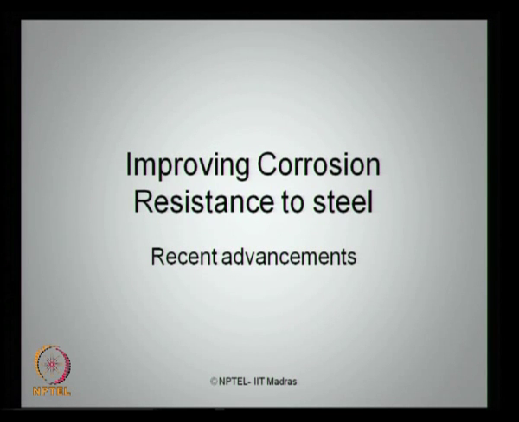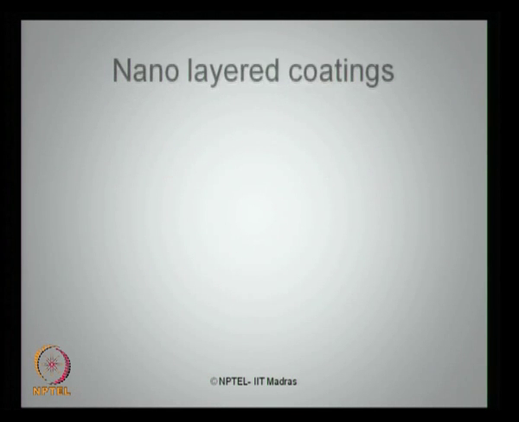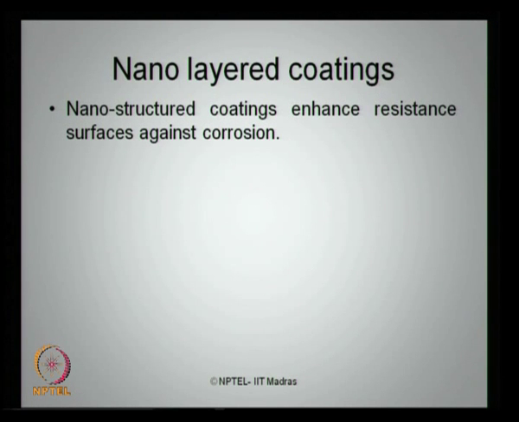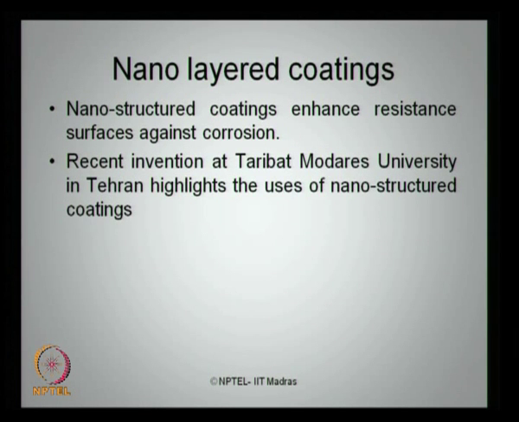If you look at the recent advancements available in the literature, as one of the important case studies being done for improving corrosion resistance of steel, ladies and gentlemen, it is a very recent advancement done by using nano layered coatings. Nano structured coatings enhance the resistance of the surface against corrosion. The recent invention at Tarbiat Modares University in Tehran highlights the use of nano structured coatings, which I will discuss very briefly now in 2 slides.